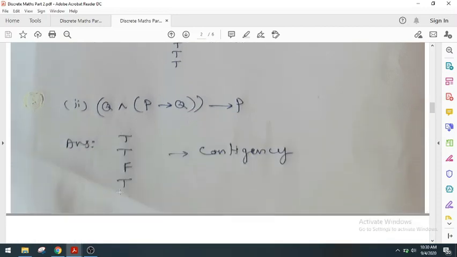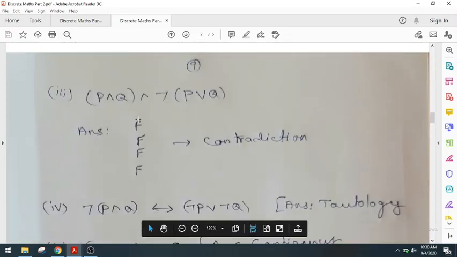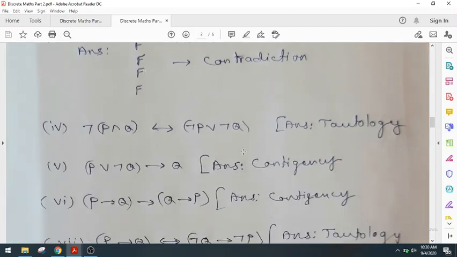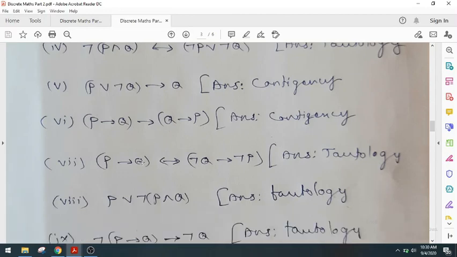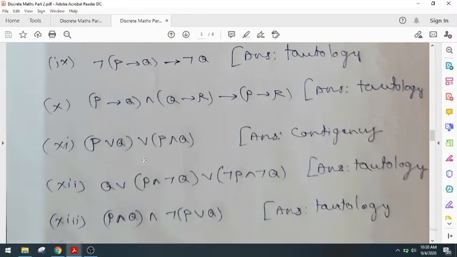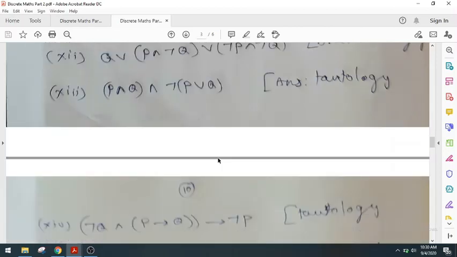For this problem we got this one, so it is contingency. For another one we got all F in the final column, therefore it is contradiction. Similarly, you can solve these problems. I will give you the lecture notes in PDF format in the description. You can solve these problems yourself to understand the concept of tautology, contingency and contradiction.